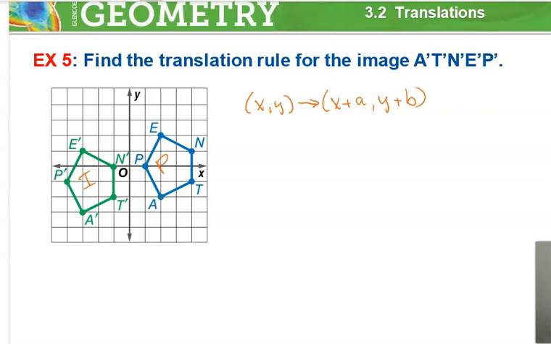So I'm starting at A, and it looks like I'm going to go over 1 space, 2, 3, 4, 5, but it's going to be in the negative x direction. So this is x minus 5, and then the y value goes down 1. So that would be the rule for this translation. And so as a vector, it would be -5, -1.